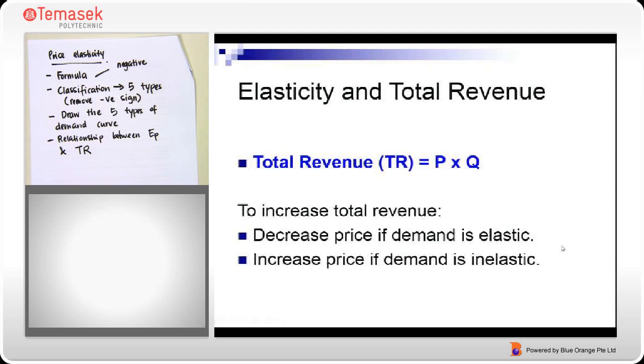This is applicable to sellers because they would like to increase their total revenue. So if they know that a particular good demand is elastic, they will decrease price. And if they know that a particular good is inelastic in demand, they will increase price in order to increase total revenue.